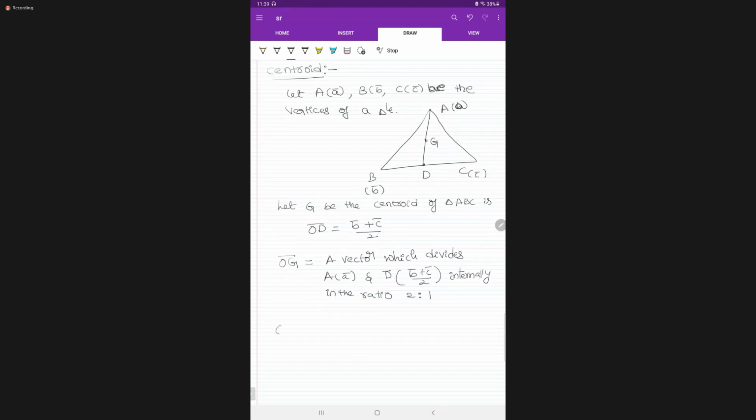So OG bar is equal to 2 times B bar plus C bar by 2, plus 1 into A bar, by 3. OG bar is equal to A bar plus B bar plus C bar by 3, which is the formula for centroid.